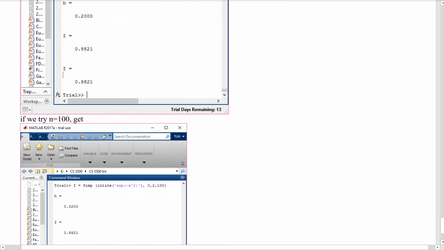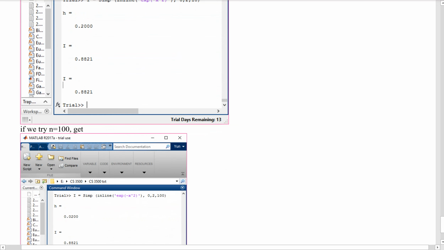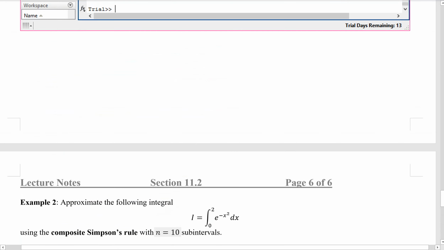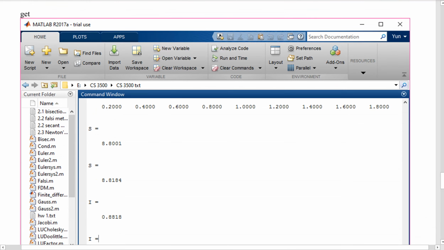In order to compare which method is more accurate, let's type in n equals 100. You can see the answer is 0.8821. So we know Simpson's method is more accurate to the true value, and the trapezoid method is not that accurate in comparison. But 0.8818 is still good enough, right? Let me show you how we actually type it in Octave.